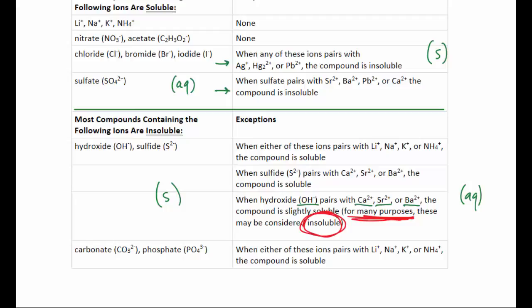So you probably noticed in your reactions lab, I think you did a calcium hydroxide as a product. If you just called it slightly soluble or whatever, you may think it was AQ, but it tends to be concentration dependent, and most normal, reasonable concentrations would make those precipitate. So for pretty much any time you encounter it, I would consider calcium, strontium, or barium hydroxide to be insoluble.